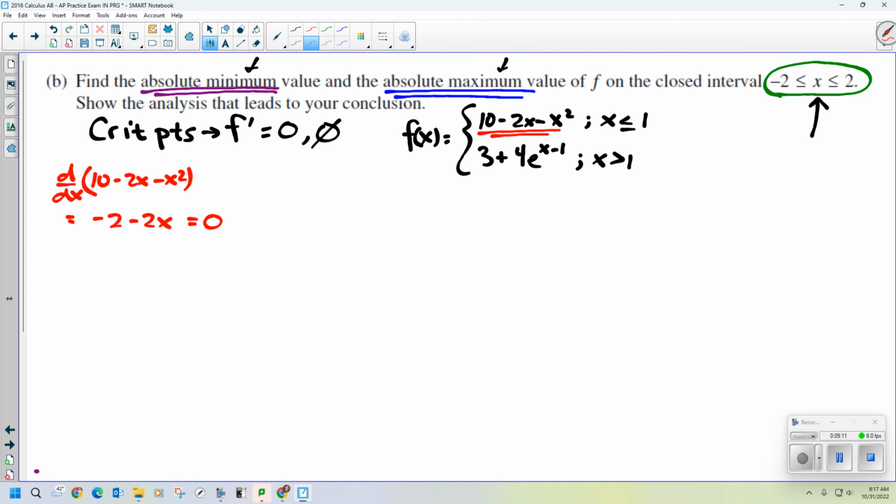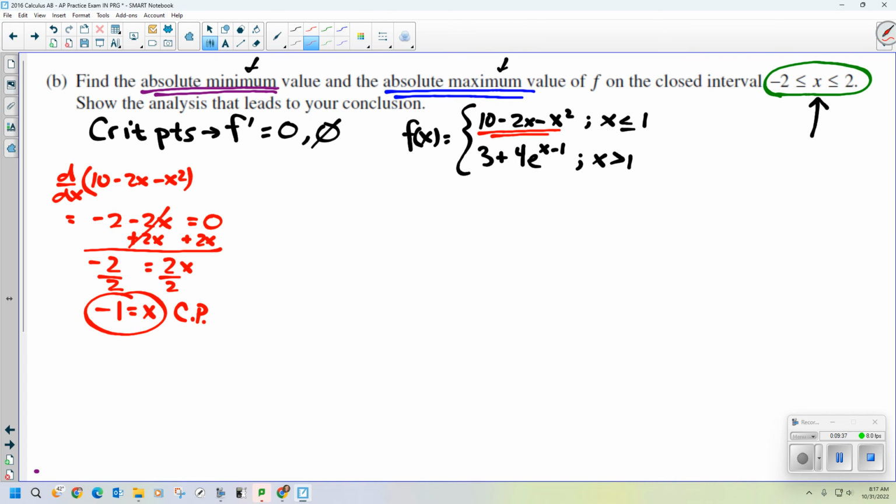So let's add 2x to both sides. I got -2 equals 2x. Divide by 2, -1 equals x. This is where the first derivative is equal to 0. It's a possible critical point for our mins and maxes. Our slope might change there.